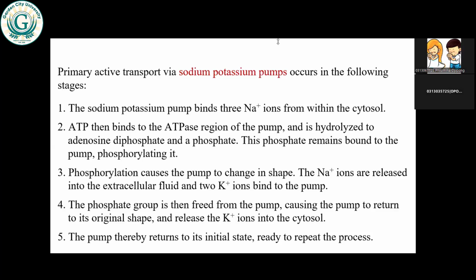So when it happens that way, it adapts a different shape and then helps the calcium to move out. The cell is moving the calcium out from the intracellular into the extracellular fluid compartment, and it will continue to do that till there is a balance between the extracellular fluid calcium and the intracellular fluid calcium.